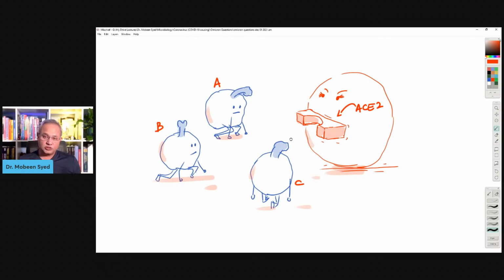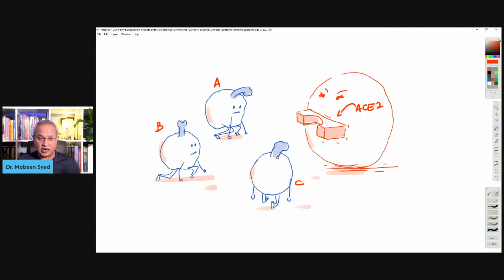Whichever has higher magnetic force or affinity would attach better than the others. So we say that the affinity force is more for a specific variant compared to the other one. This variant would outcompete the other ones.